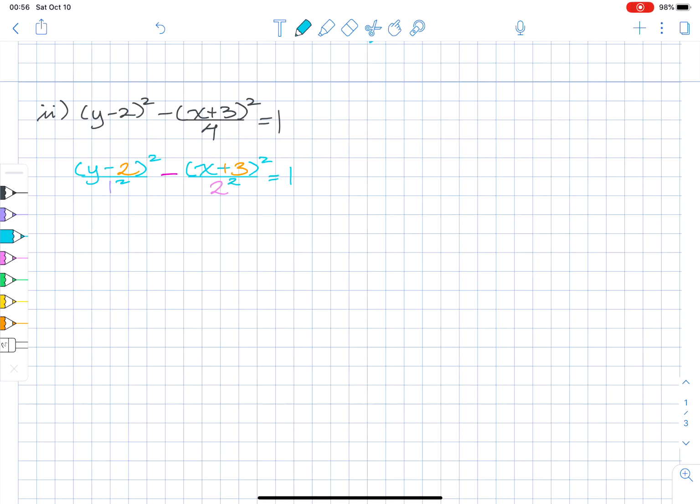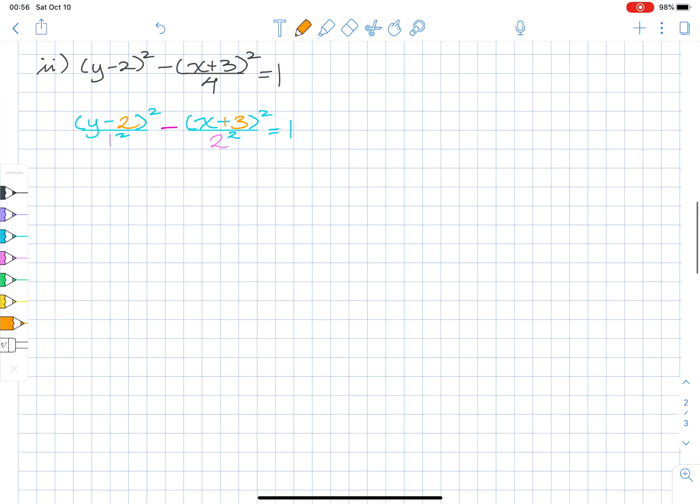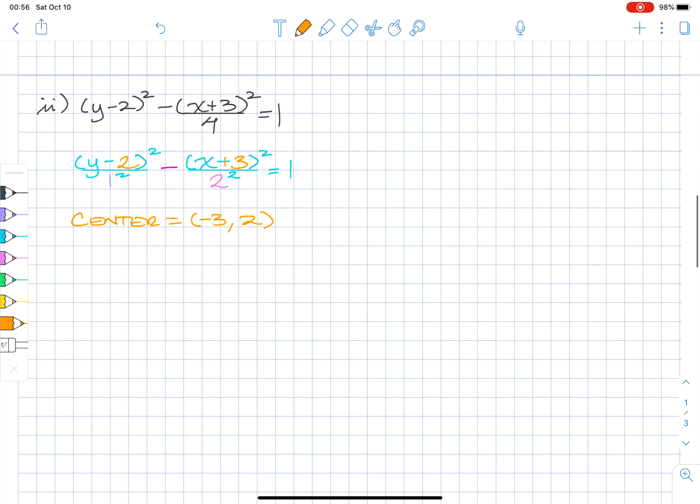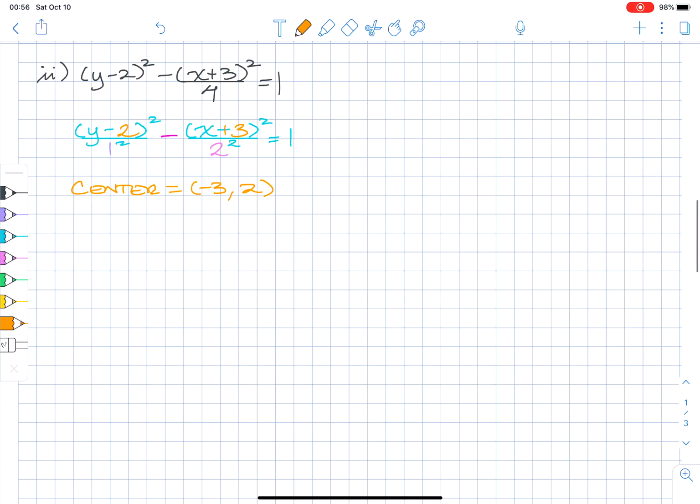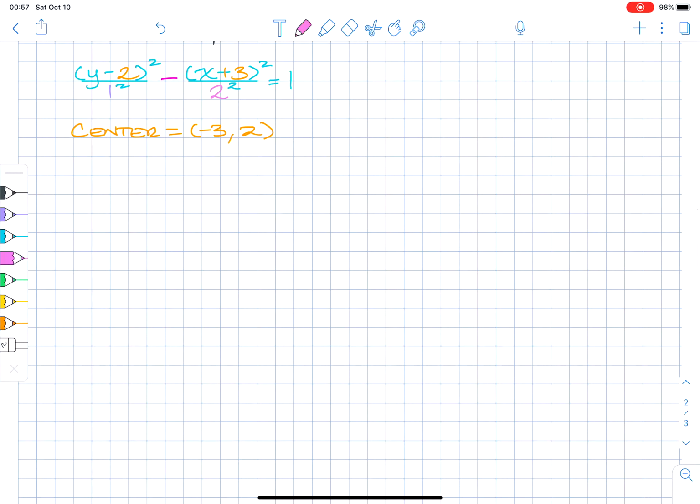So in this case, the center is, now we have to be careful, center is h comma k. So it's going to be negative 3 comma positive 2, because x goes with x, y goes with y. Even though the y term is written first, the grouping is still with the y coordinate and the x coordinate is with the x. Similarly, a is what's underneath x, which in our case is 2, and b is what's underneath y, which in our case is 1.